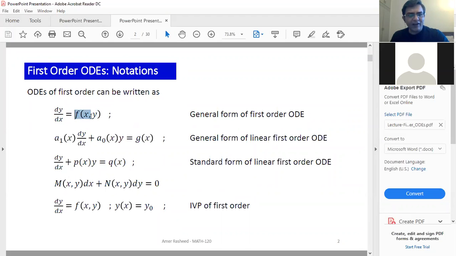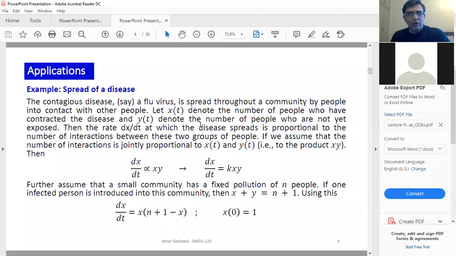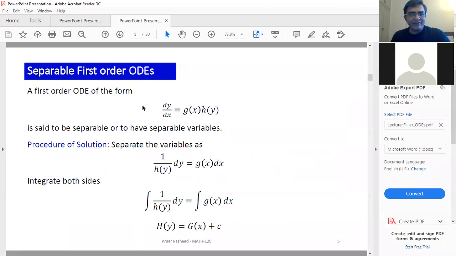Now, if this function f of x, y is the product of two independent functions of x and y, then we can say that the differential equation is a separable differential equation.